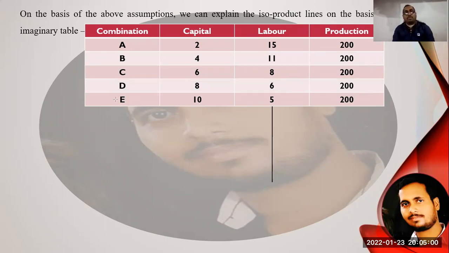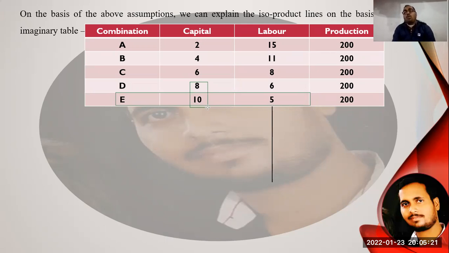Now the fifth is E, where the entrepreneur increases capital from 8 units to 10 units and further decreases labor from 6 units to 5 units, and still gets 200 units of production.